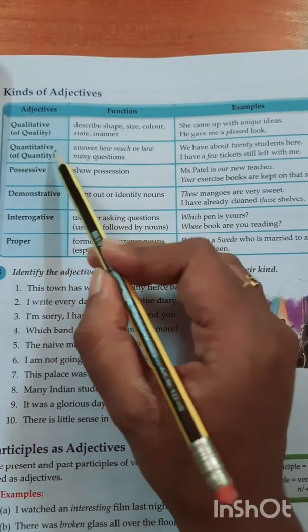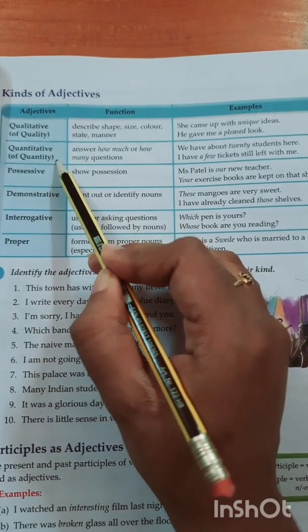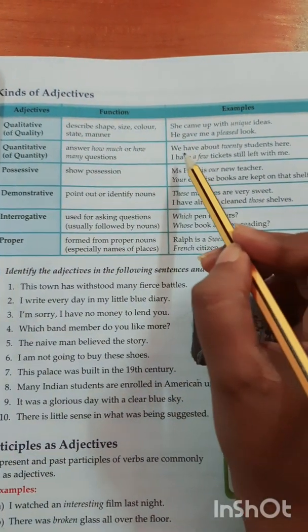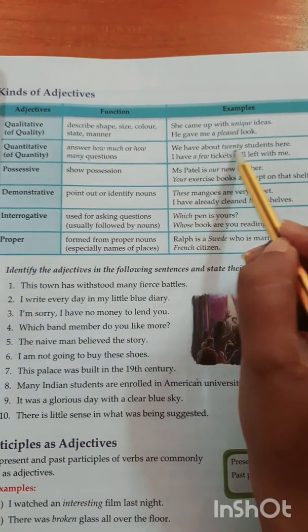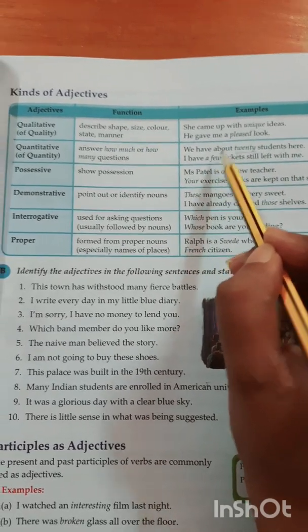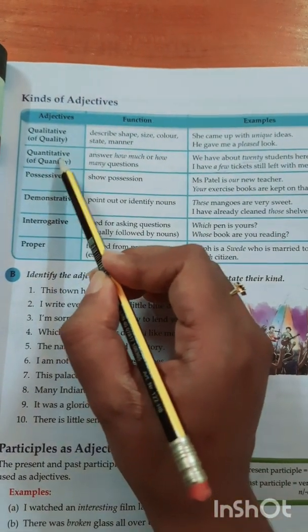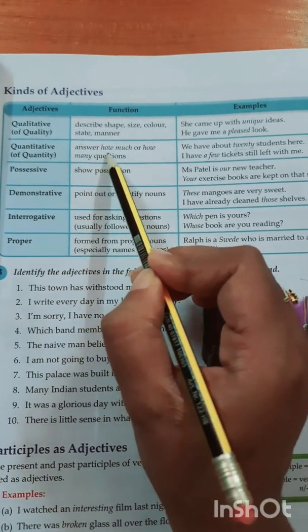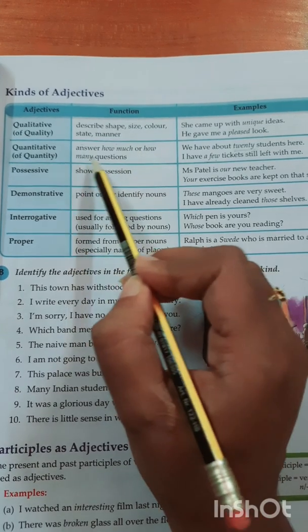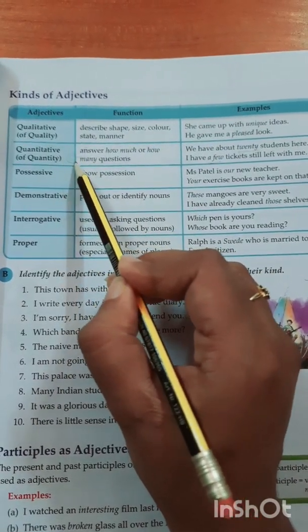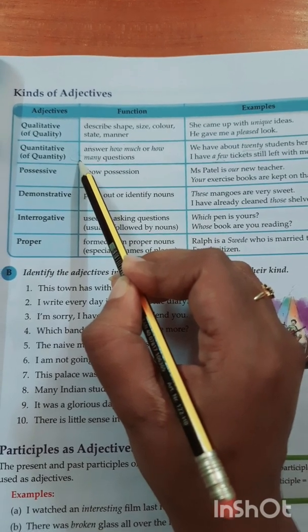Similarly, this describes the quantity of the noun. For example, we have about 20 students. How many? A few tickets. That's why it is a quantitative adjective. These answer how much or how many questions.